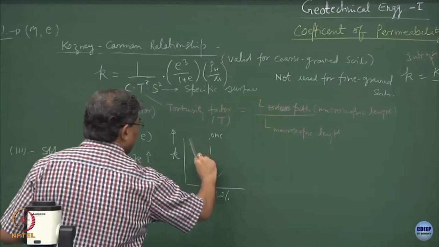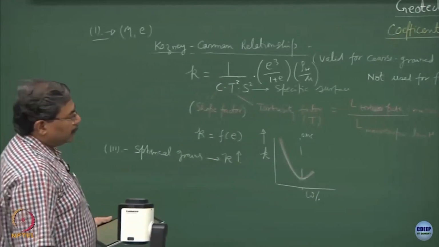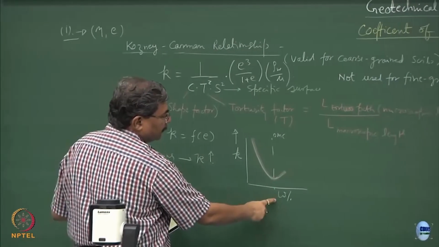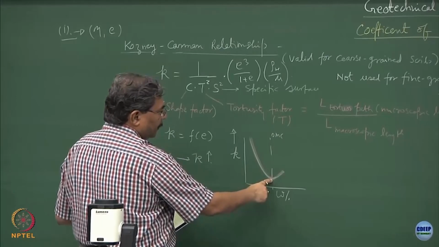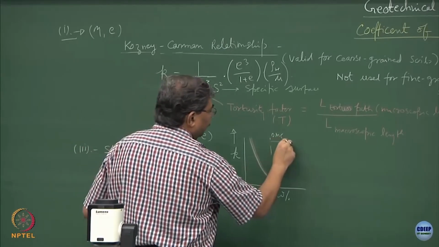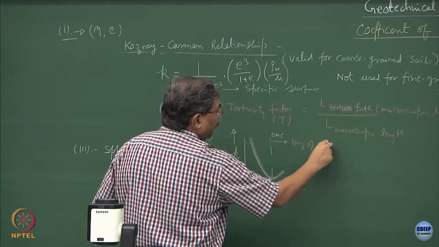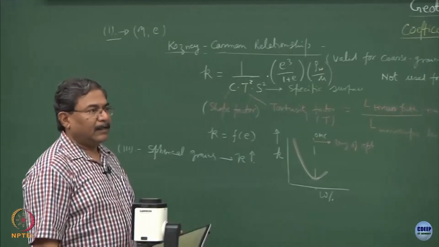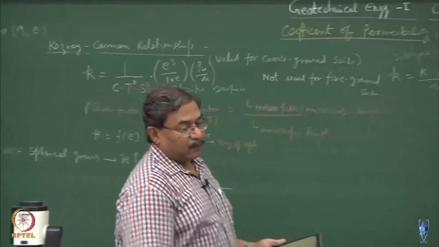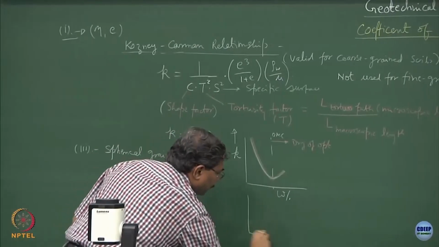So, this is how the variation of permeability or the coefficient of permeability would be with respect to moisture content. So, at OMC the K value is minimum, on dry of optimum the hydraulic conductivity increases a bit with increase in the moisture content, and the best way to learn this would be the compaction curve, if you remember.